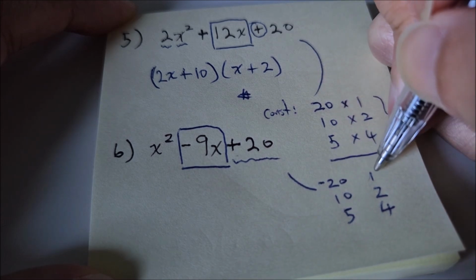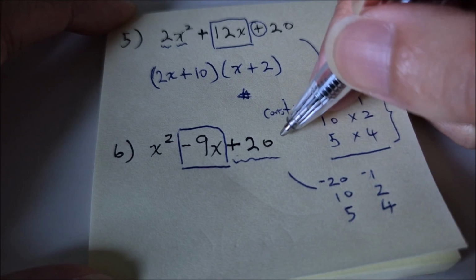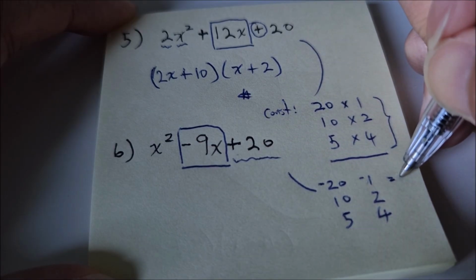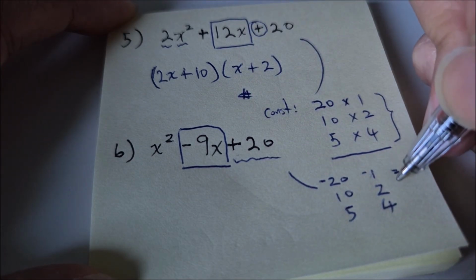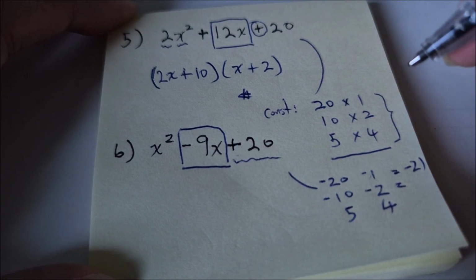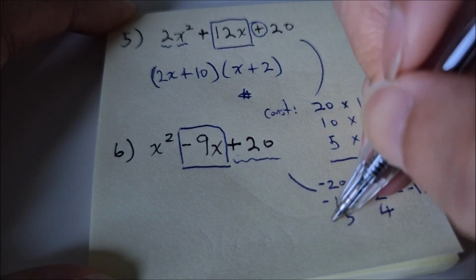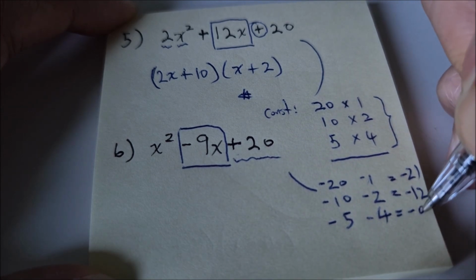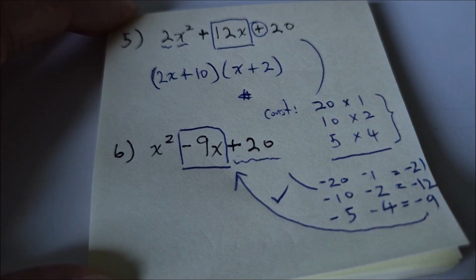So minus 20 times minus 1 is positive 20, but if you add them together, it's minus 21, which is not correct. So we have the next option, negative 10 minus 2 is just minus 12. Next one we have minus 5 minus 4, minus 9, and that is correct.